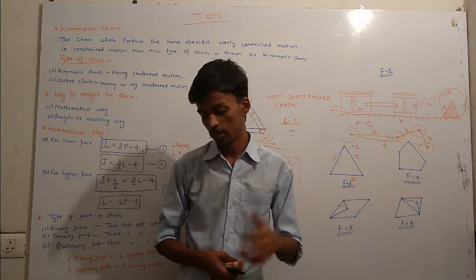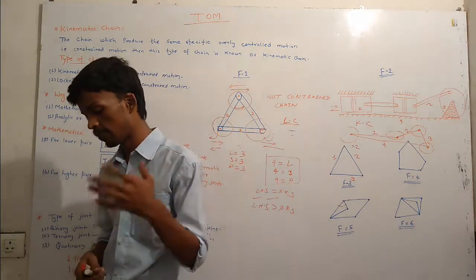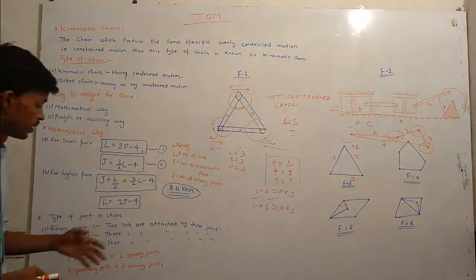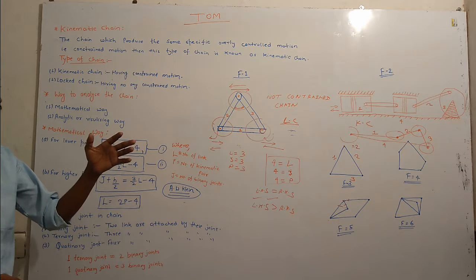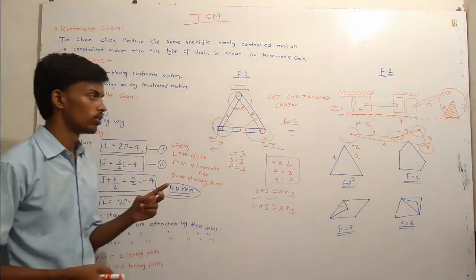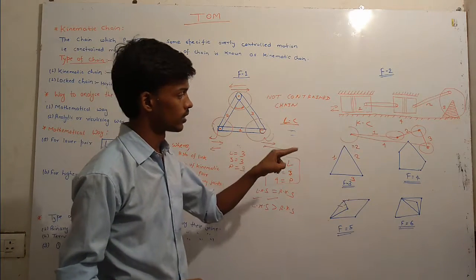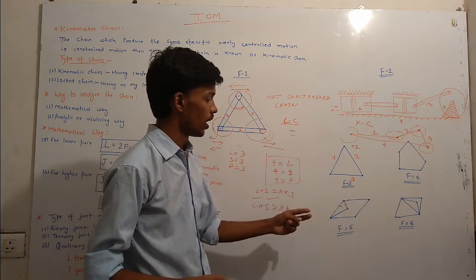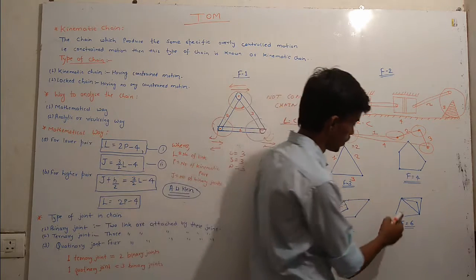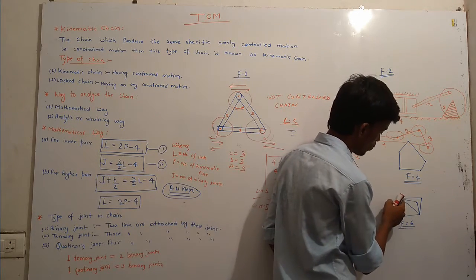For this we have to understand the different types of joints available in a chain. In a chain there may be two links joined at the same point, maybe three links at the same point, maybe four links, 1 2 3 4, joined at the same point.